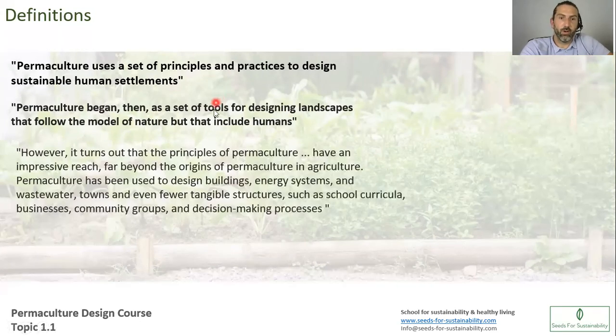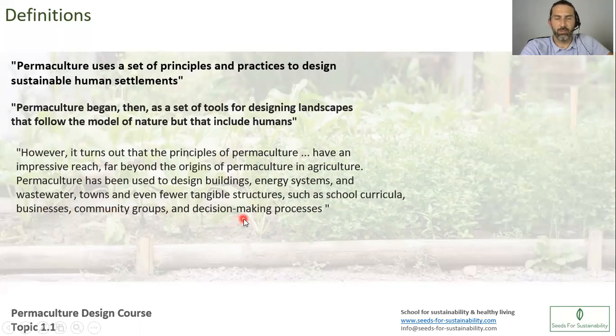However, it turns out that the principles of permaculture have an impressive reach far beyond the origins of permaculture and agriculture. Permaculture has been used to design buildings, energy systems, and wastewater, towns, and even less tangible structures such as school curricula, businesses, community groups, and decision-making processes.